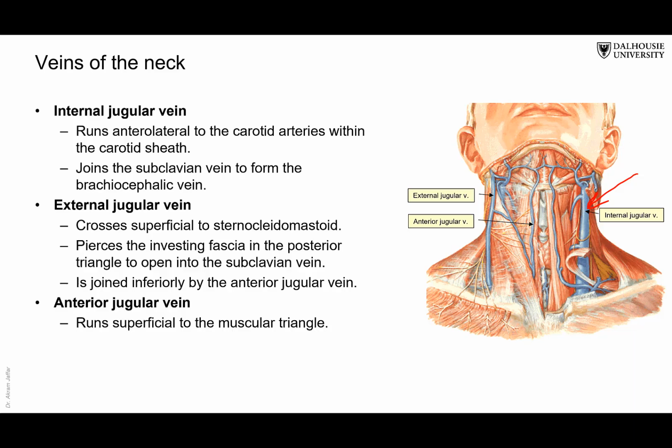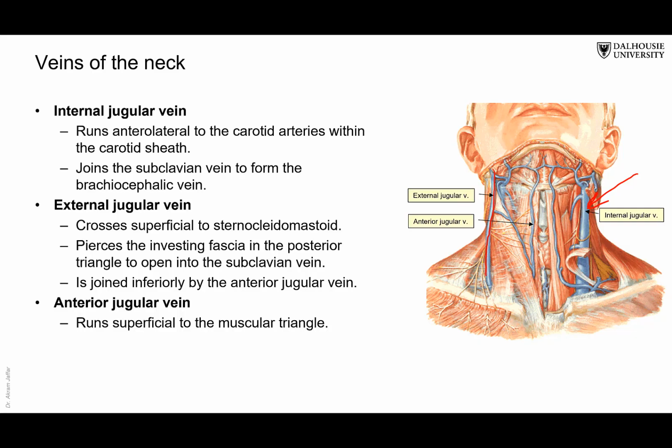The sigmoid sinus, okay? The sigmoid sinus continues. This is included in today's quiz. So the sigmoid sinus continues as the internal jugular vein passing through the jugular foramen, and it is located within the carotid sheath. But in addition to that, we have the external jugular vein.